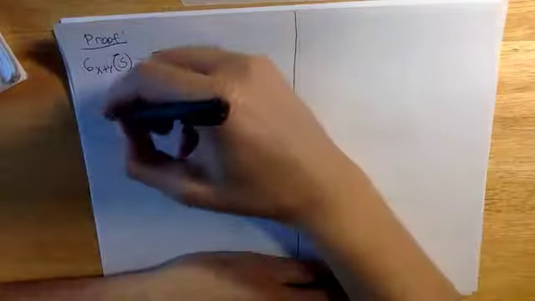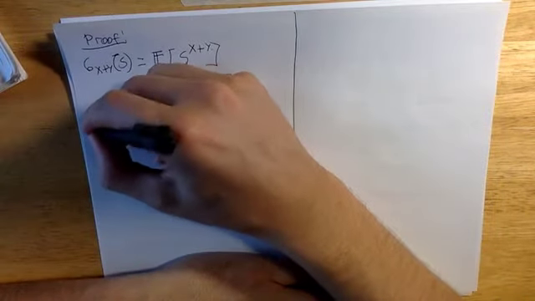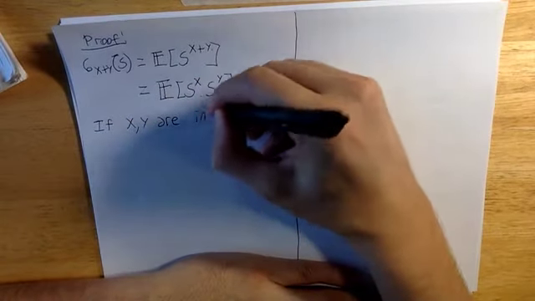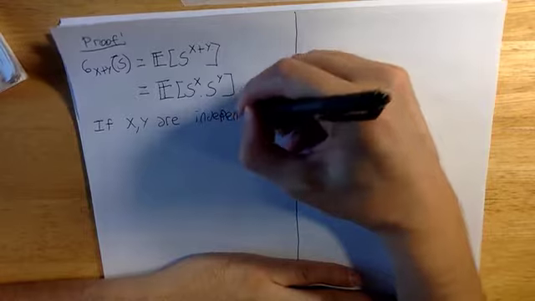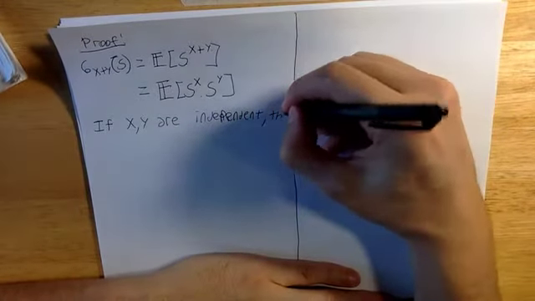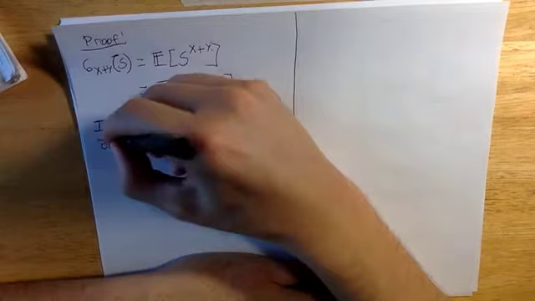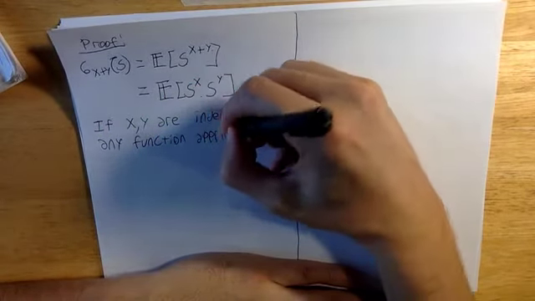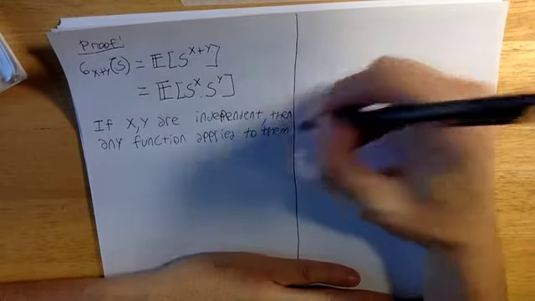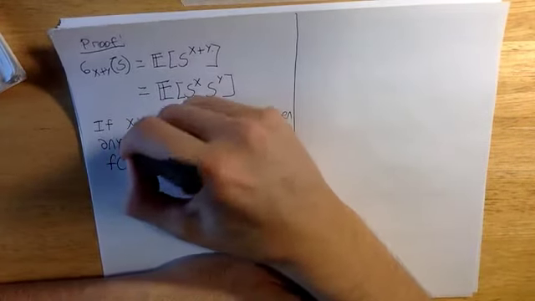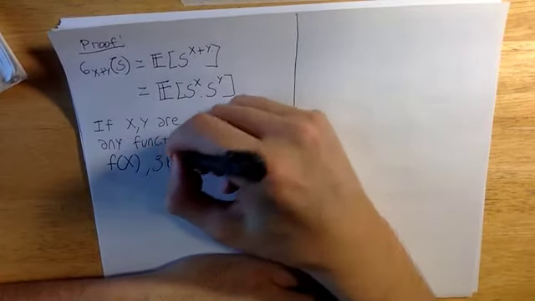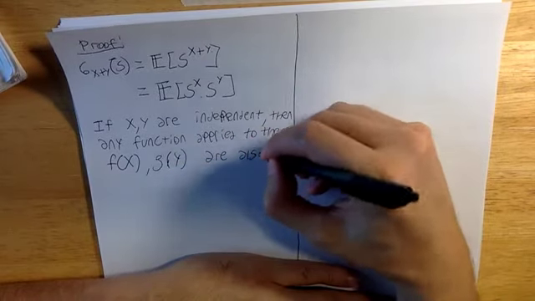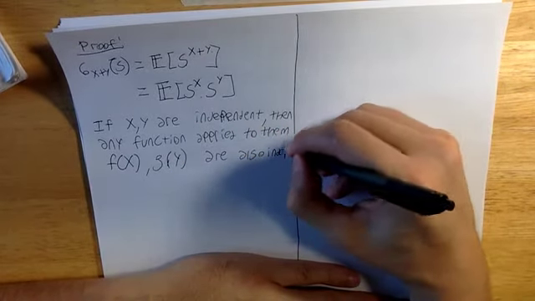Now the next thing that we need to realize is that if X and Y are independent, then any function applied to them, so f of X and g of Y, are also independent.